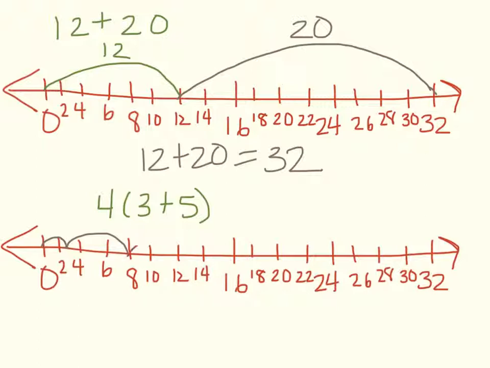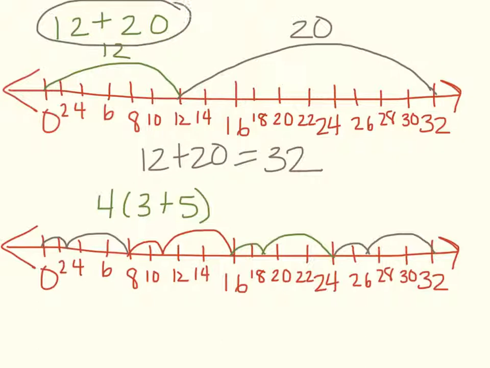Another jump of 3 plus 5, which will take us to 16. Another jump of 3 plus 5, which takes us to 24. And finally, one more jump of 3 plus 5 to take us to 32. So no matter how we write the problem, if we write it as 12 plus 20 or as 4 times 3 plus 5, we get to the same endpoint, which is 32.